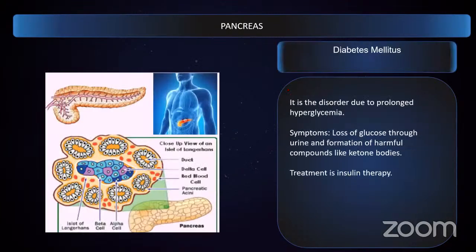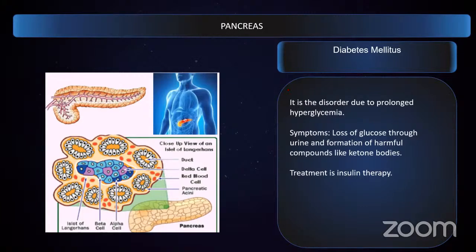Whenever an individual has very high blood glucose levels all the time, that is a hyperglycemia condition, and it leads to a disorder called diabetes mellitus. Individuals suffering from diabetes mellitus show symptoms such as excreting glucose through urine, and their body shows the formation of ketone bodies.